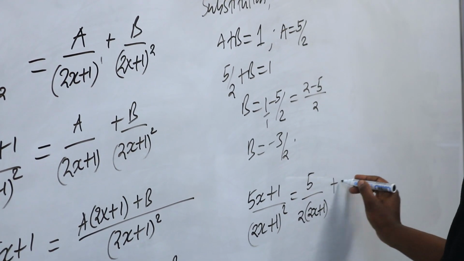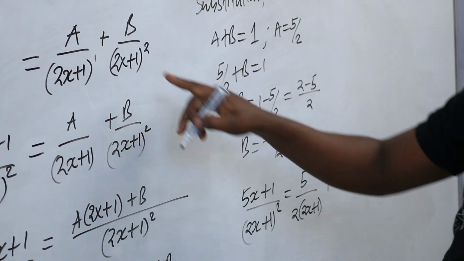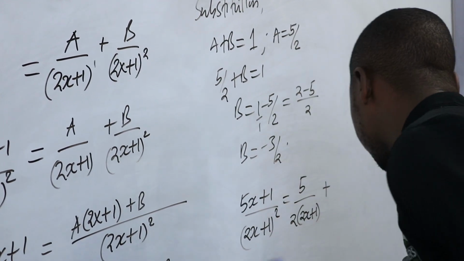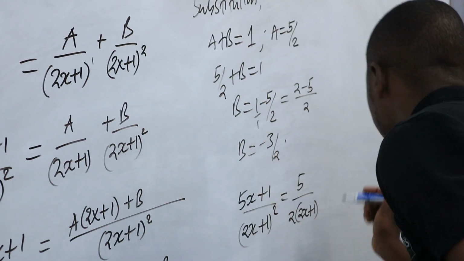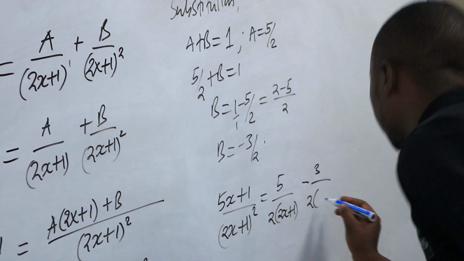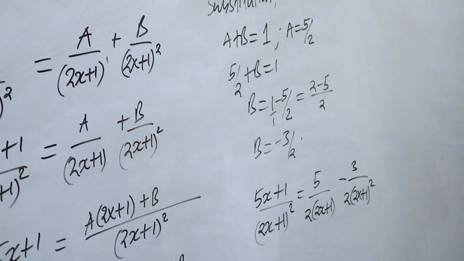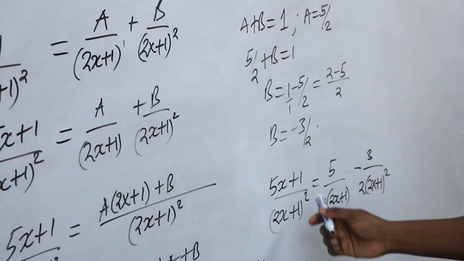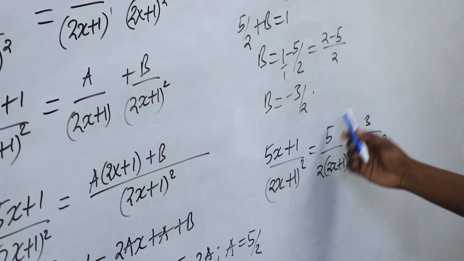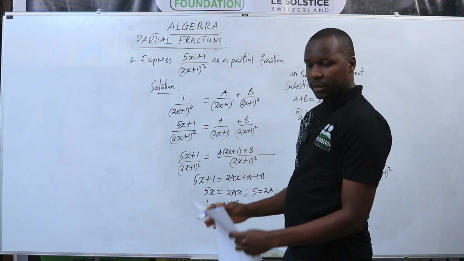Now we plus the value of B, that is negative 3 over 2, and this additional operator, when you times, it becomes minus. So it becomes minus 3 over 2 times our linear factor (2x + 1)². So from there, it means now we have split this complex algebraic fraction into two partial fractions, as you can see here. Thank you.